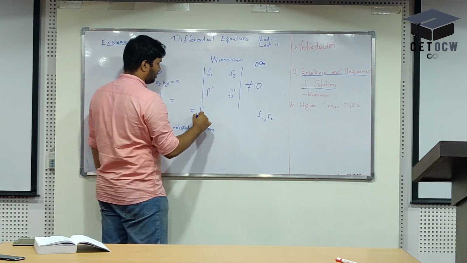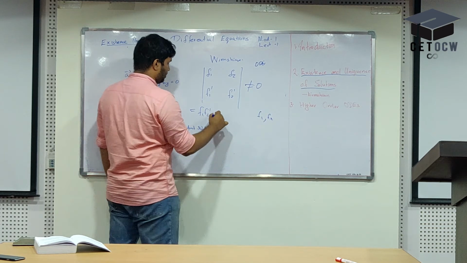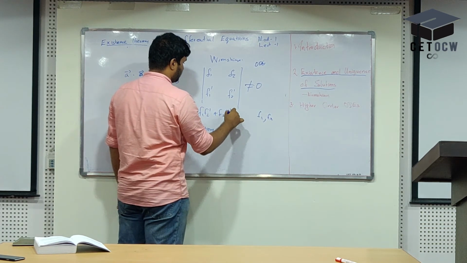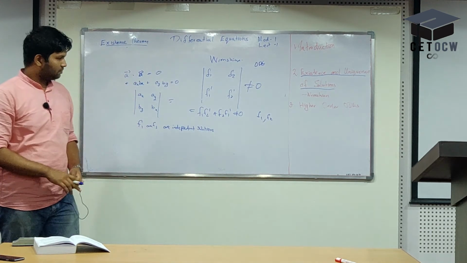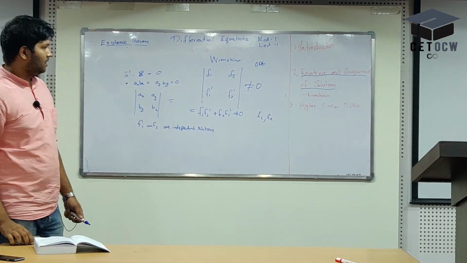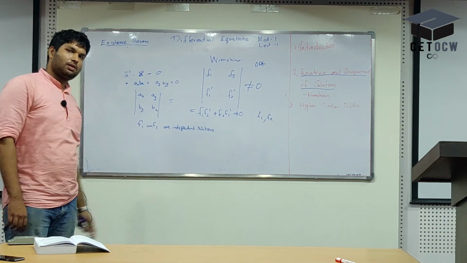It says that f1 f2 dash minus f2 f1 dash is not equal to 0. This is called the Wronskian of the solution.